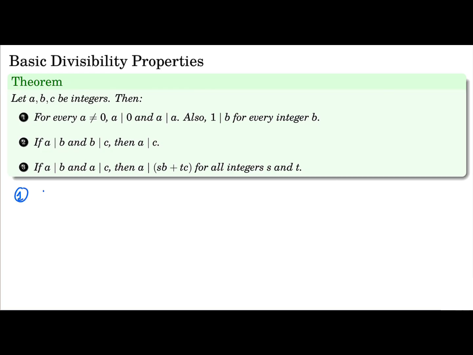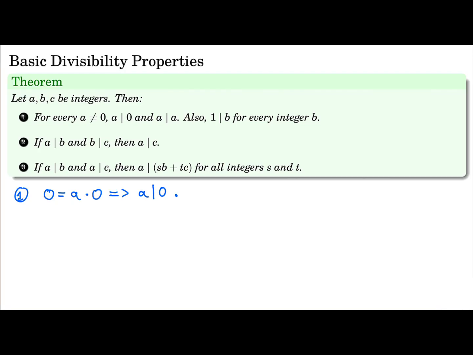Since 0 is equal to a times 0 for every a, there always exists an integer k, in this case 0, such that a times 0 is equal to 0. So this implies that a divides 0.